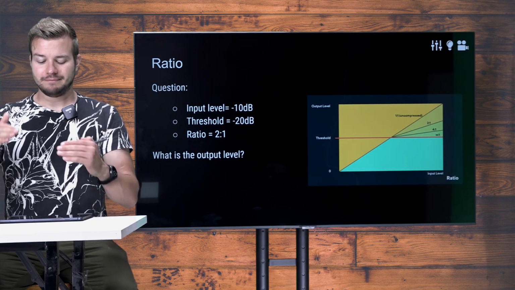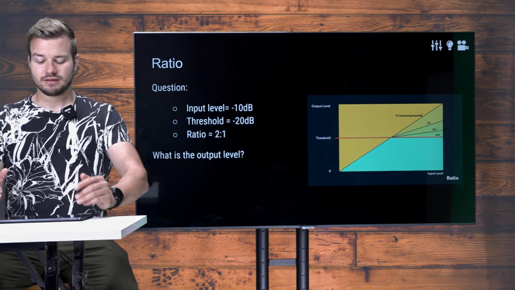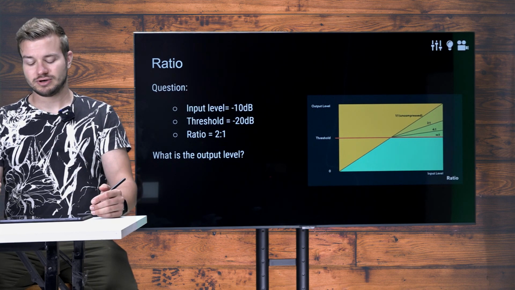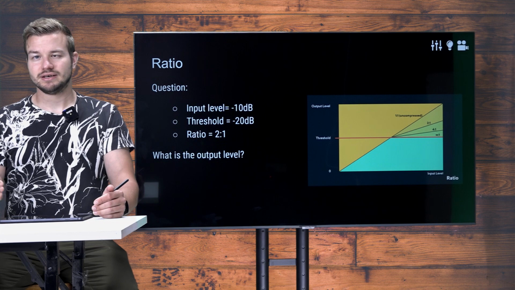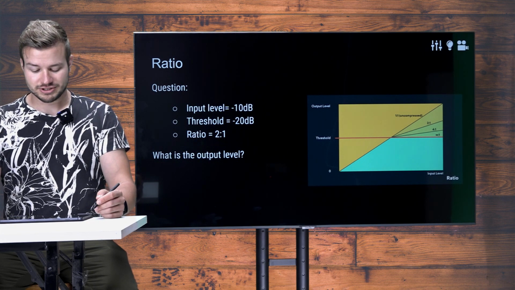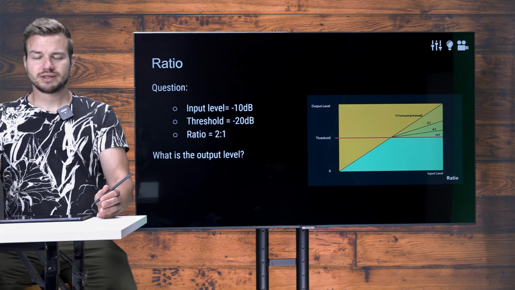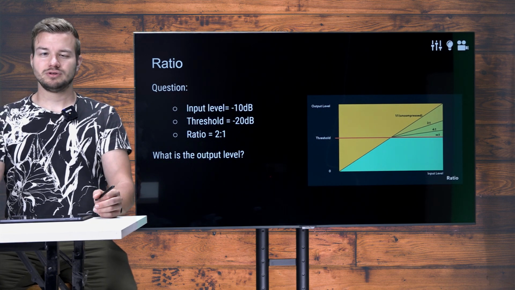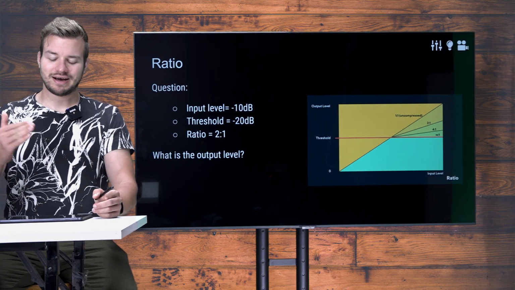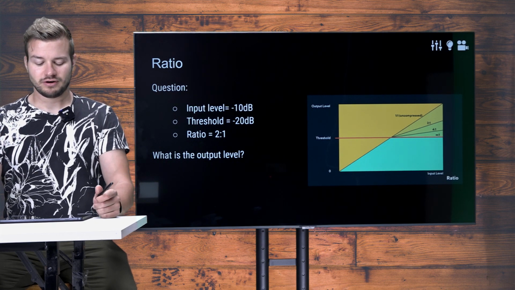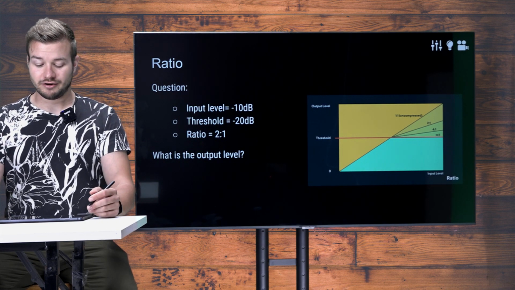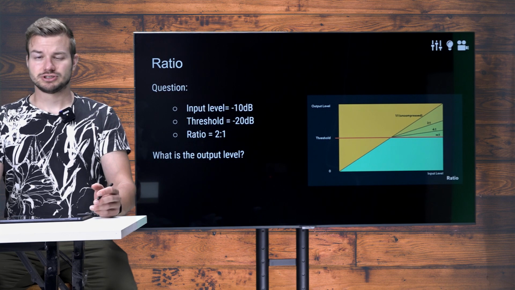So the input level is 10 dB above the threshold, and we set the ratio to 2 to 1. So what does that mean now? Can you calculate the final output volume of the compressed signal? Just try that now.